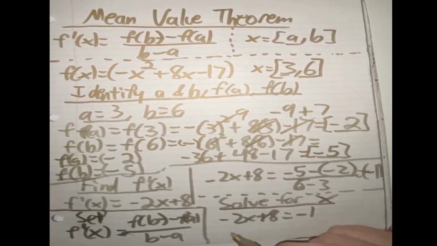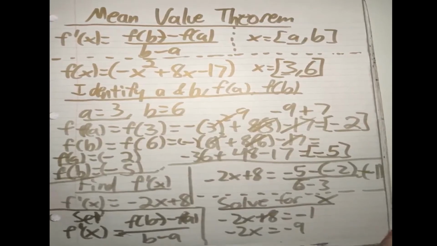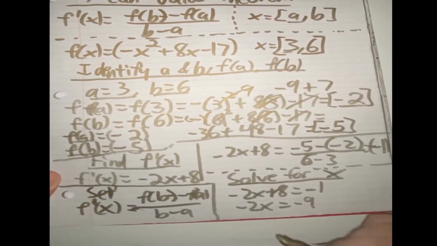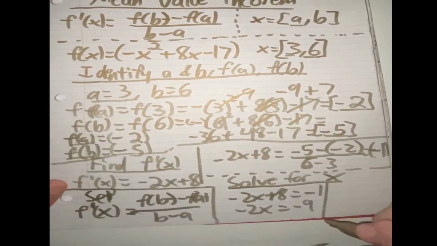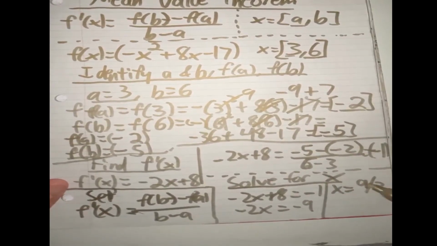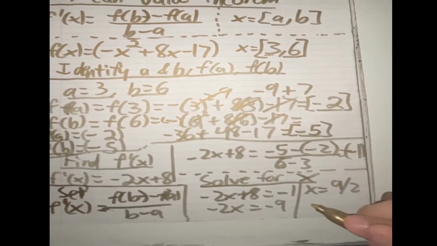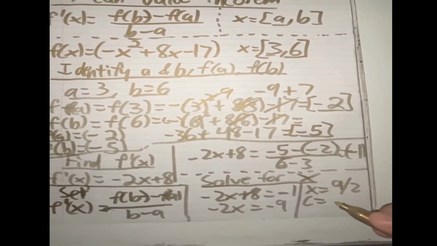We subtract 8 from both sides. We get negative 2x is equal to negative 9. And then we apply algebra. So x comes out to be 9 over 2. So this is our c, it means the exact same thing, 9 over 2.